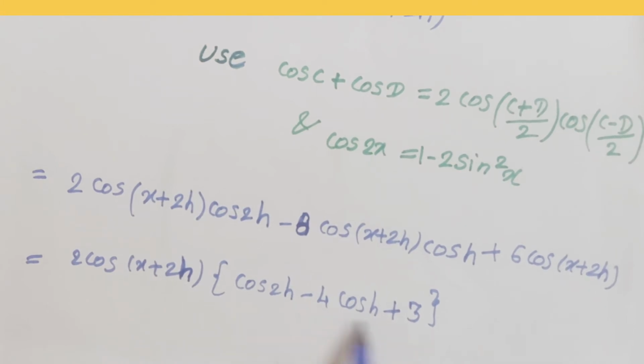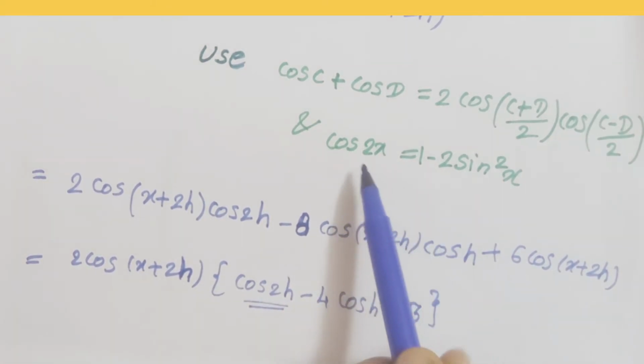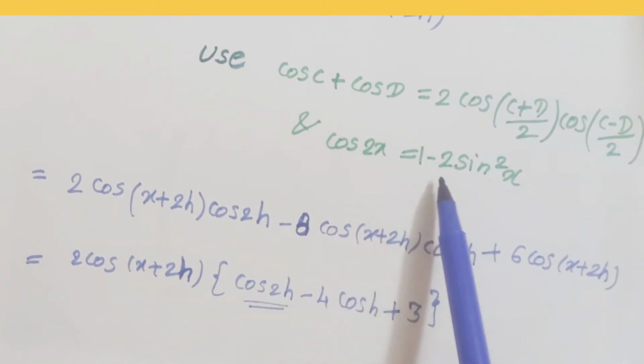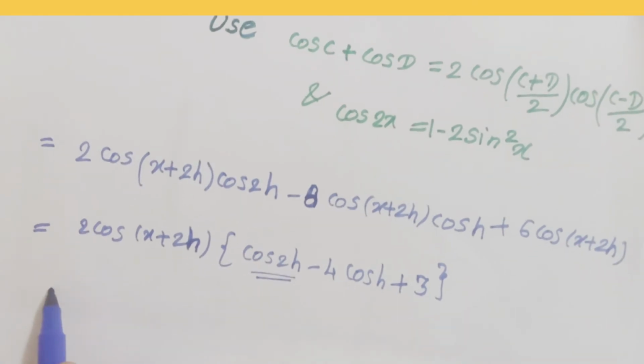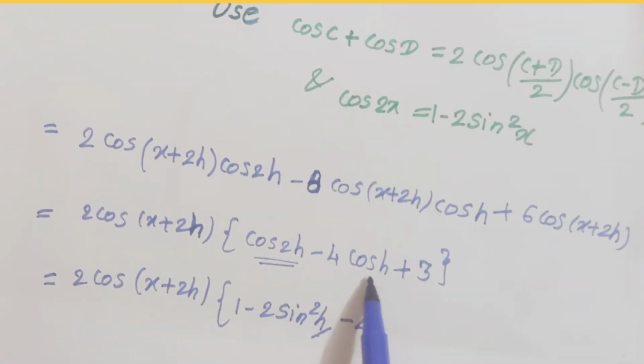Now we have to convert this term into sine square h by 2. So to convert this term into sine, instead of cos, we write sine. So first for this term we use the double angle formula, that is here cos x plus 2h is 1 minus twice sine square x. So here we get cos x.